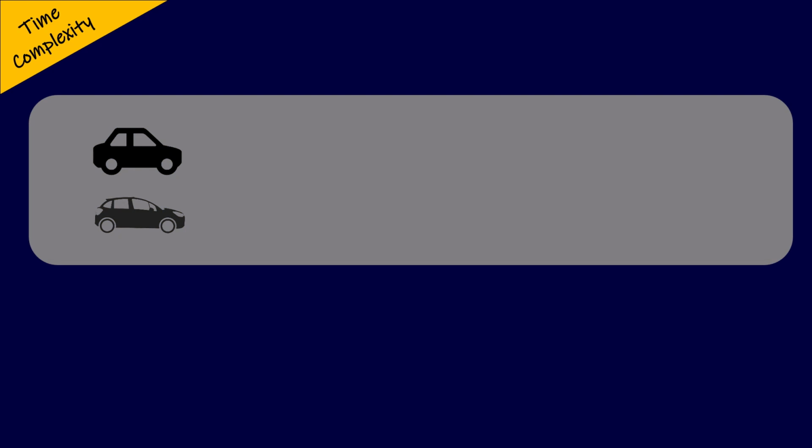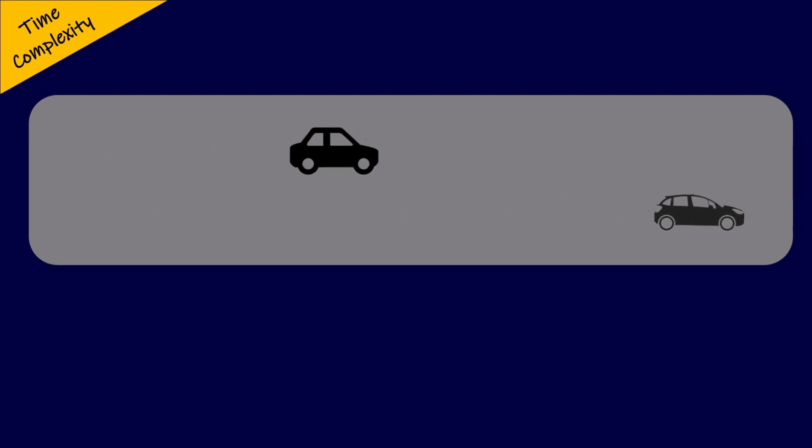Let us consider the task of moving from one location to another. To accomplish this task, assume we have two cars with different capabilities. When the cars move, one car may take less time than the other to reach the destination. In the same way, to solve a problem in computer science, there may be several ways.